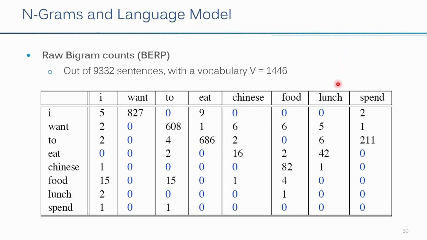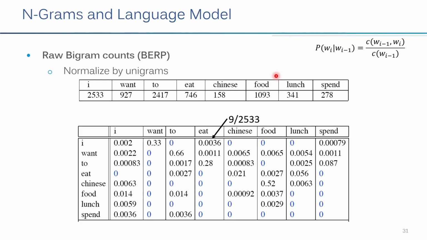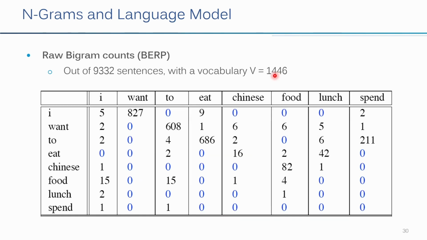If I want to see the co-occurrence of my words, I'll say that I and I co-occur 5 times, I want 827 times. And just by looking at this, I already know that some co-occurrences of words are not very important for whatever representation that we have.